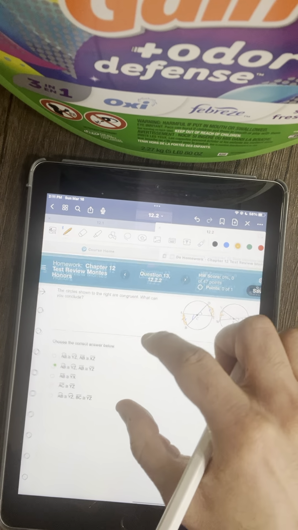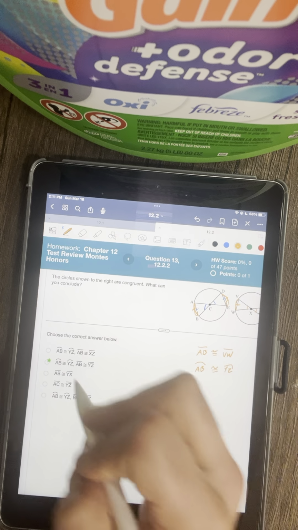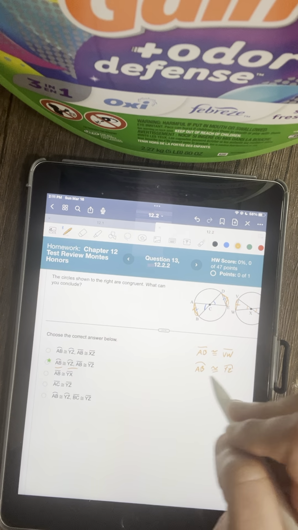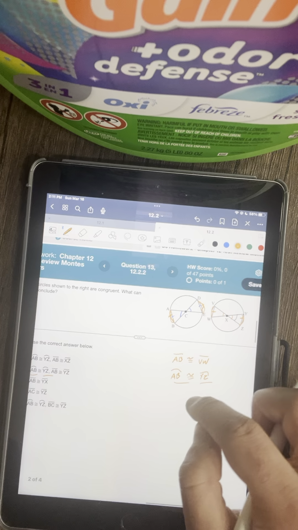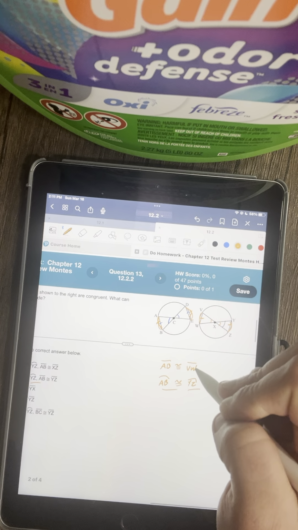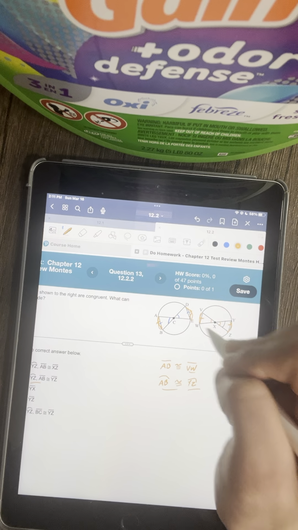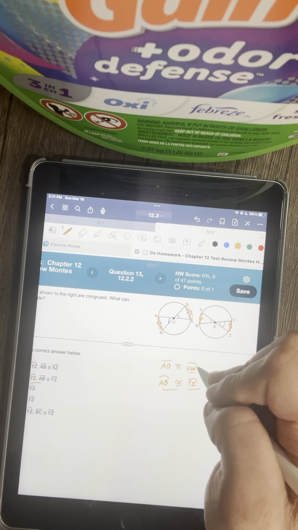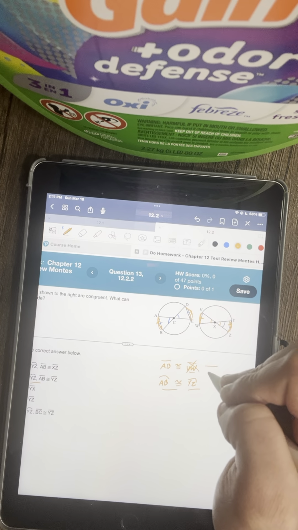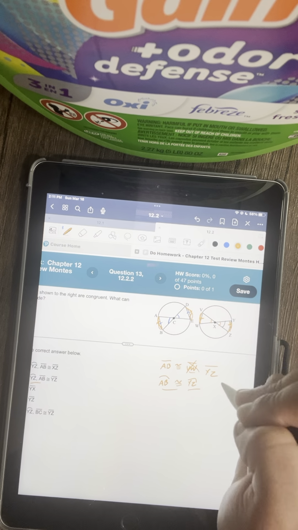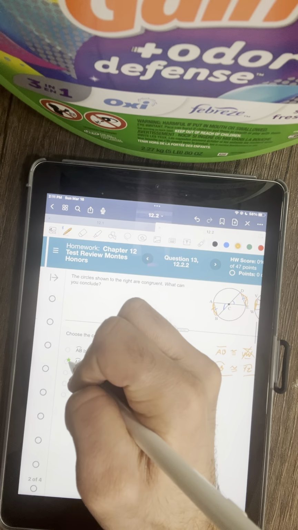So let's see which one. Arc AB to YZ. Wait, why did I put VW? Oh, it wouldn't matter. VW and YZ are the same. So I could either say this or this. And that's what I have here.